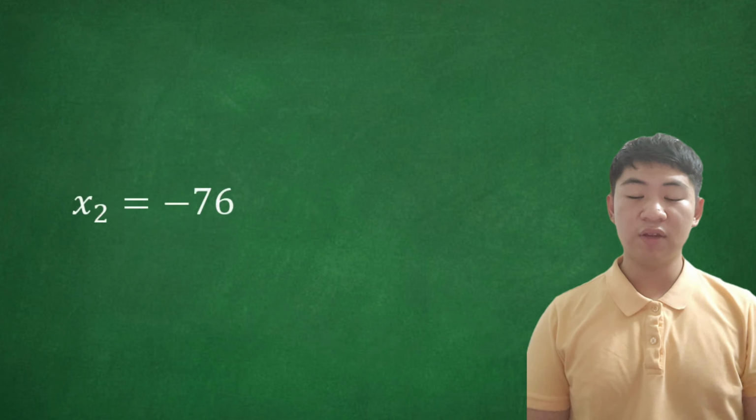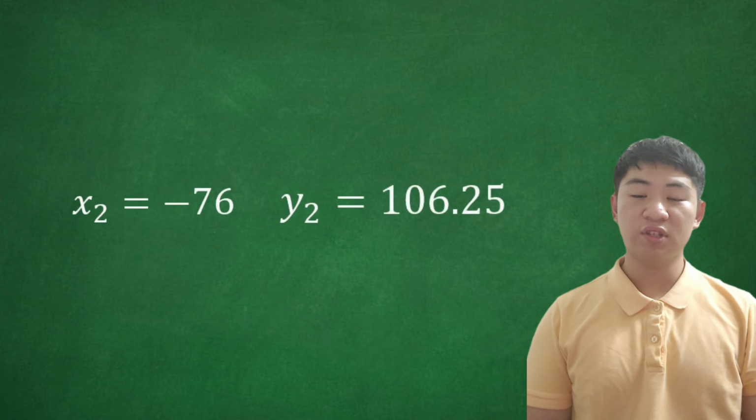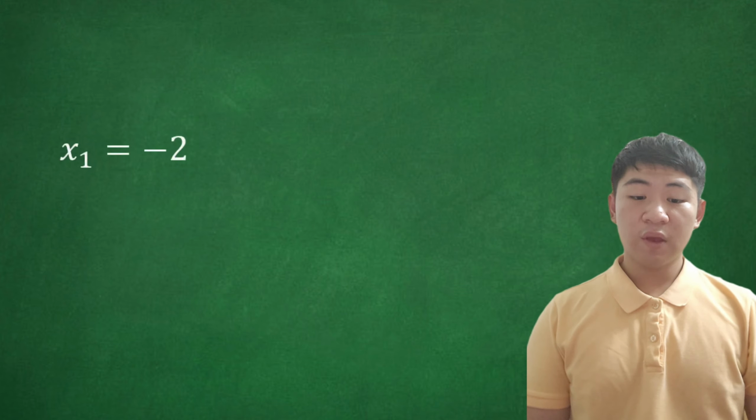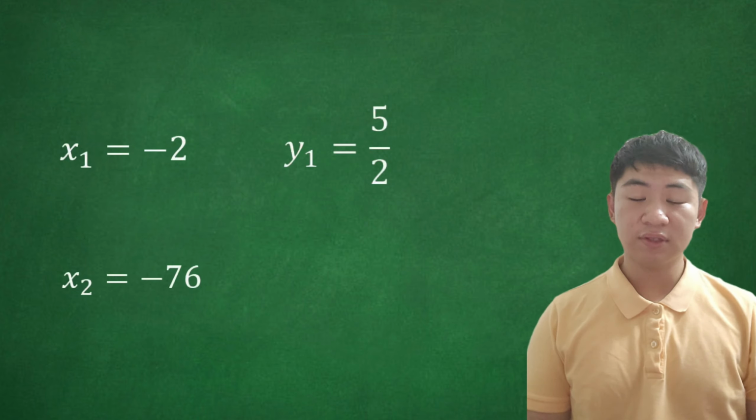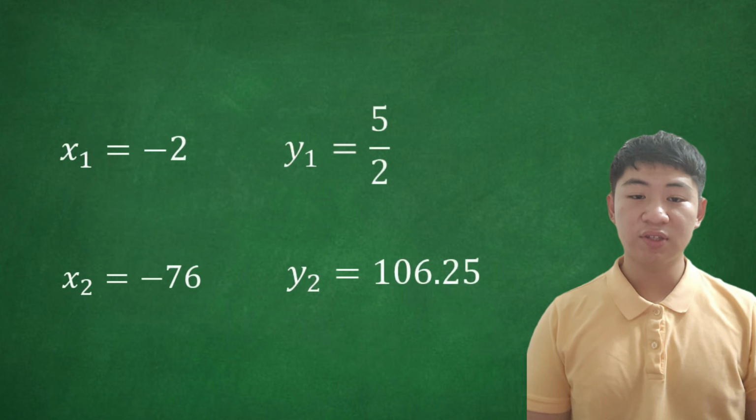So x1 is negative 2 and y1 is negative 76, while x2 is 5 over 2 and y2 is 106.25. So that's the equation and the formula of how to find the two turning points of the graph.